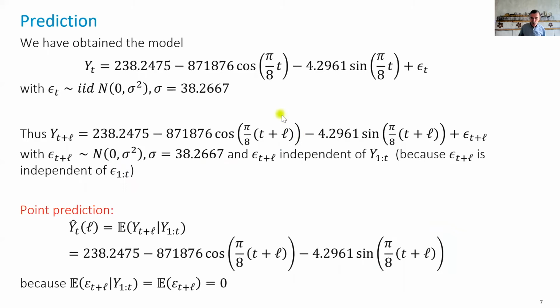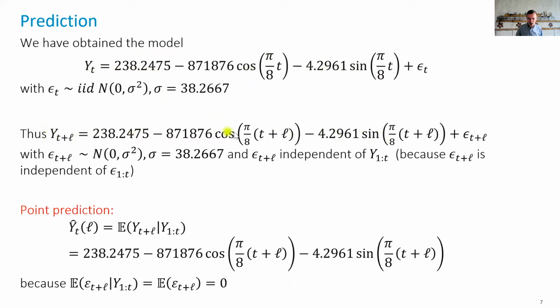We can use this to do a prediction. If we believe that this model will continue to be correct, and if there is no major disruption like the emergence of COVID, probably it is true. So it's a good assumption that at least in the short term, in the coming days, this model will be correct. And if we believe in this model, then the problem of forecasting is to say something about y at time t plus L. So I project myself in the future and I say this model will also be true in the future.